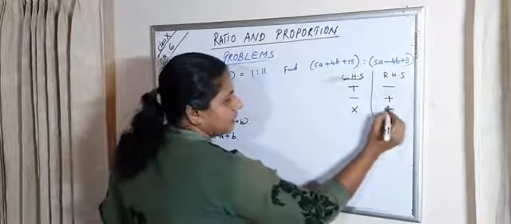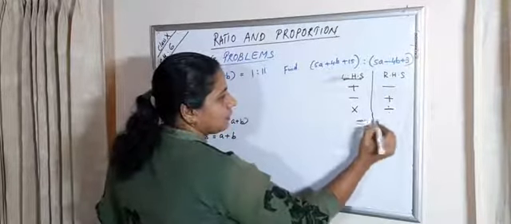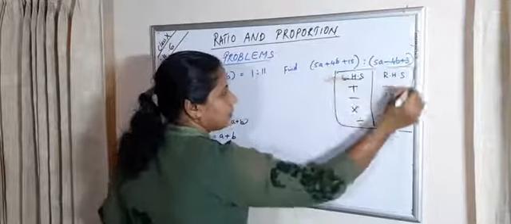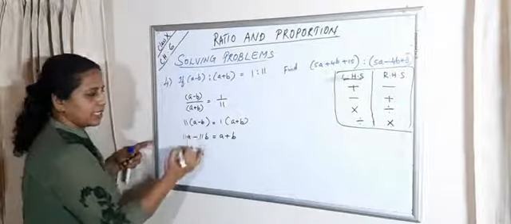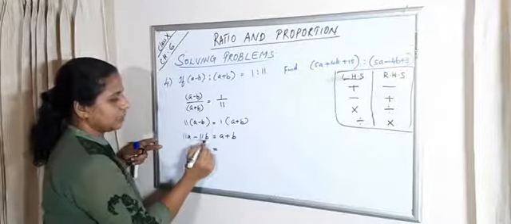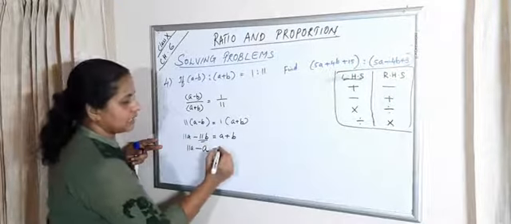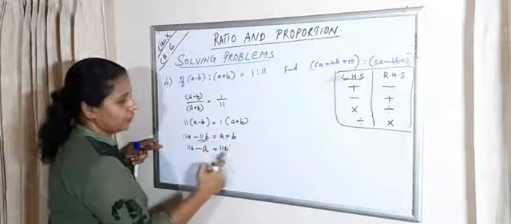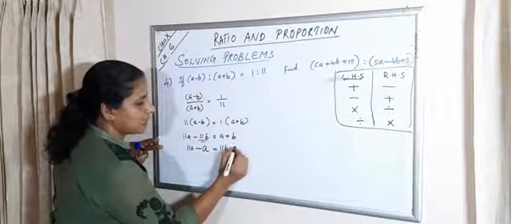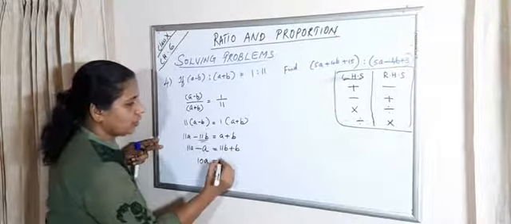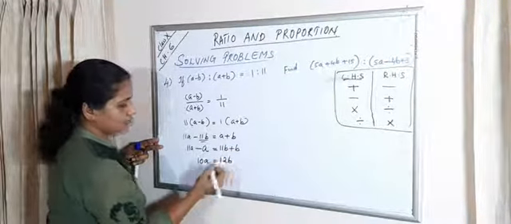Multiplication will become division. And division will become multiplication. So look here. I am taking minus a here, then taking this part to the right hand side, that is 11b. Minus will become positive, 11b plus b. That is 10a is equal to 12b.